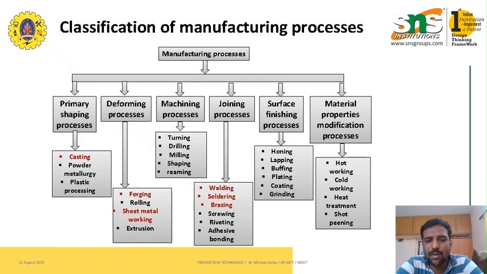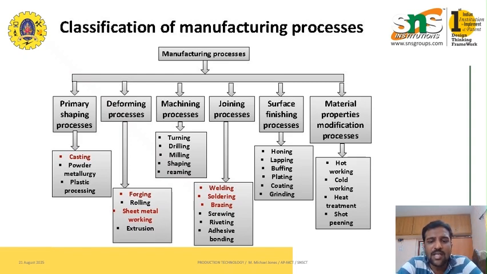The surface finishing process and the material properties modification are value-added processes on a raw material. In surface finishing, a raw material may be transformed into another raw material or workpiece, and the surface, the pattern, the finishing, the coating and the exterior looks and aesthetics are modified.